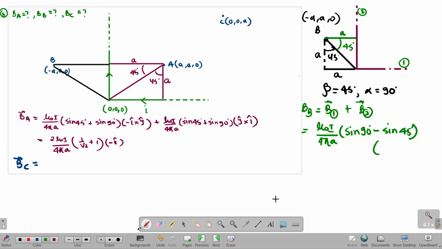And L cross R, what is L cap? If you look over here, the current was going this way, so L cap is minus I cap and R cap is minus J cap. Are you able to get me or not? This is B1, plus B2 is once again the same, mu naught I by 4 pi A, distance is still same, but here it is downward, so sine 90 plus sine 45.